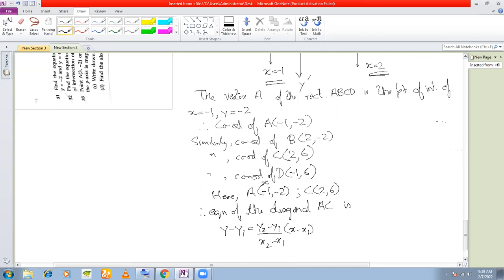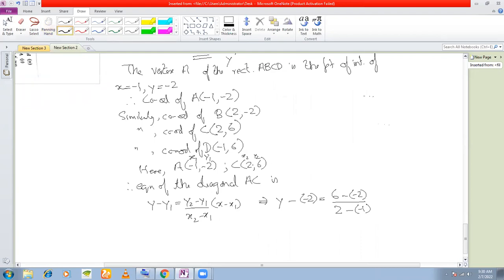You consider this as your x1, y1 and this as your x2, y2, and you put the values here. So you get y minus y1 is equal to y2, which is 6, minus y1, divided by x2 minus x1, into x minus x1, right?